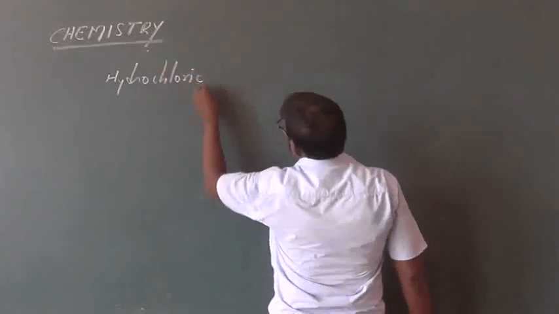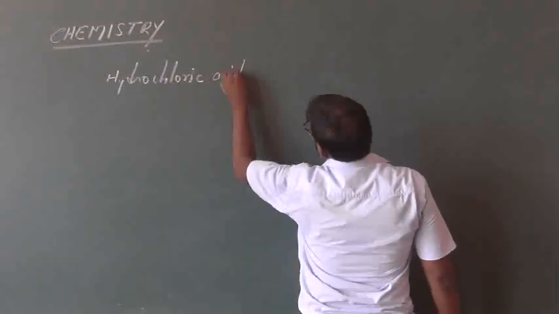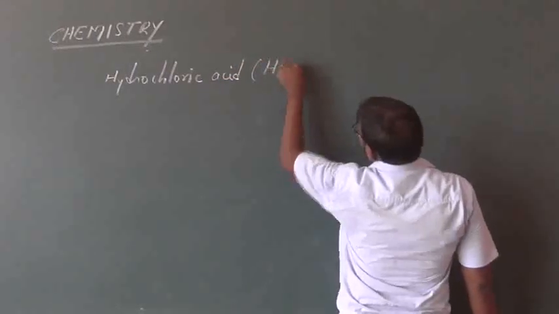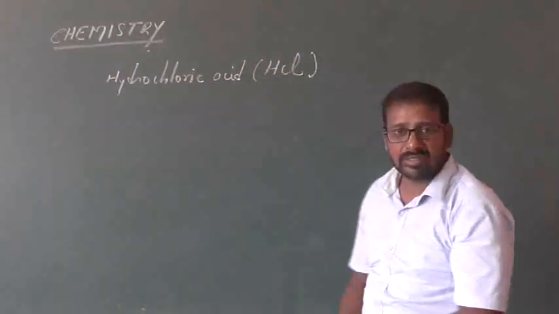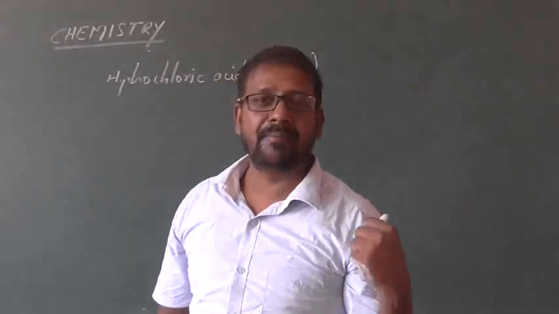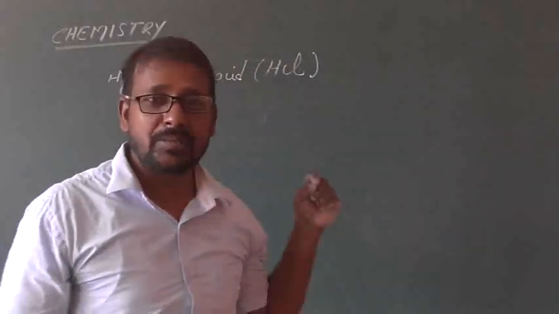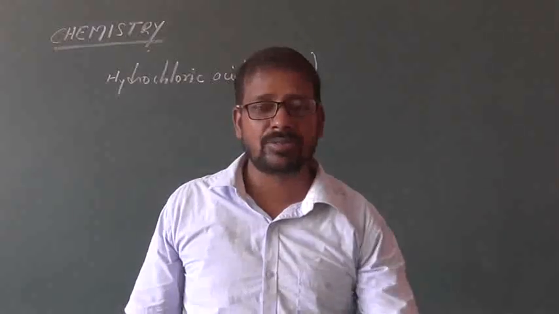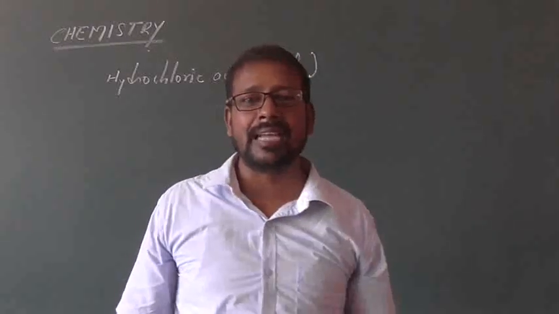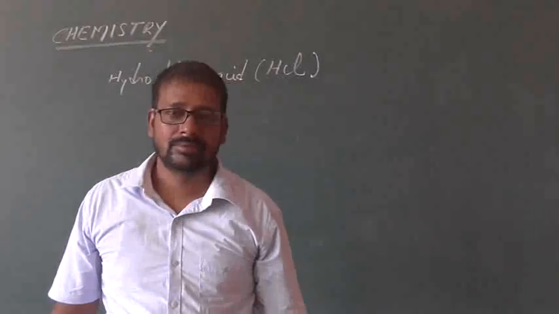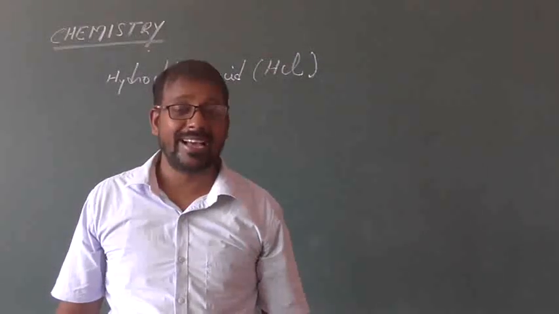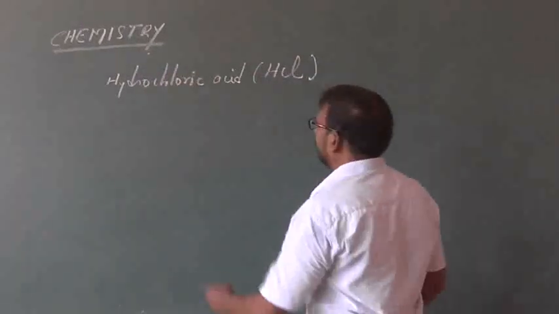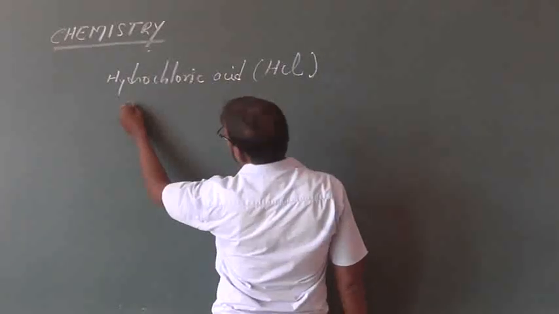The formula is HCl. It is a very important acid which is produced in our stomach to kill the germs and to activate the enzymes. Hydrochloric acid.